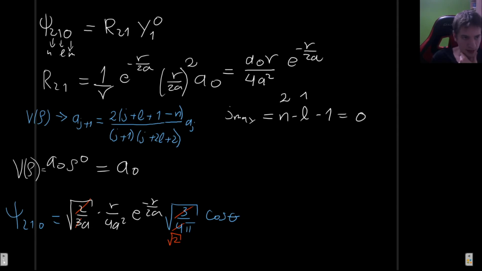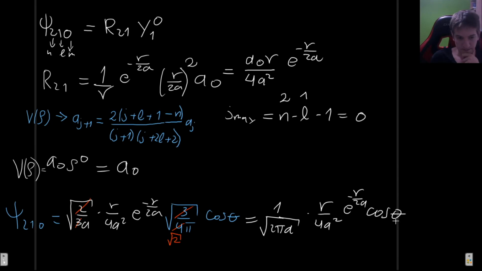And I think that's basically it. So let's write it all. We're going to get 1 divided by the square root of 2 pi a times r divided by 4a squared times e to the minus r divided by 2a cosine theta.